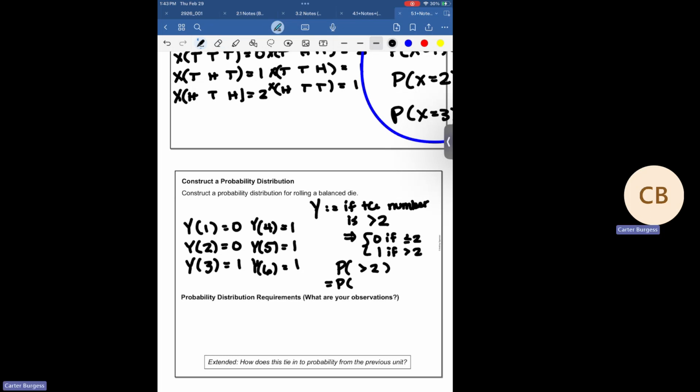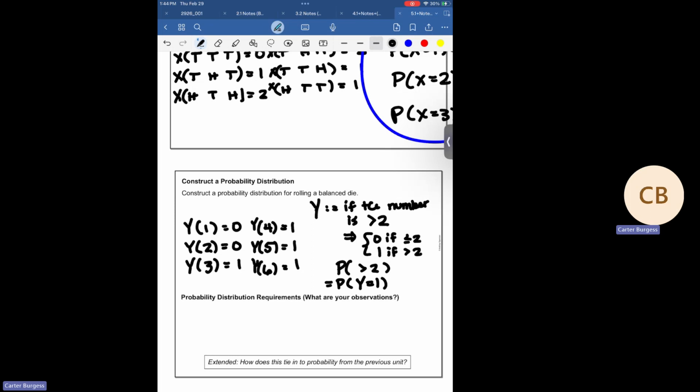Our random variable only has 2 options. So if it's greater than 2, how does our random variable indicate to us, hey, this number is greater than 2? It shows us a 1. So the probability that we are greater than 2 should be the same as the probability that our random variable is equal to 1. Right? 1 is just our random variable's way of flagging us and saying, hey, this number is greater than 2. 0 is our way of flagging us and saying, hey, this number is not greater than 2.